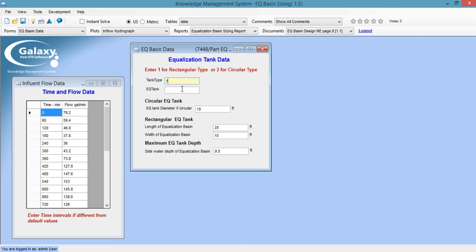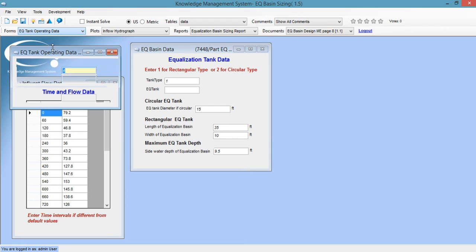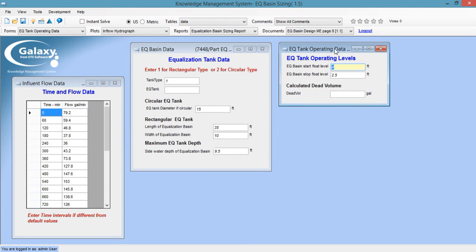We've selected a type 1 tank. We've put in the length and the width and the max side water depth. Okay, we can go down here and we go to the equalization basin operating data.